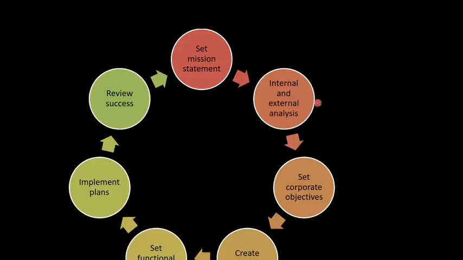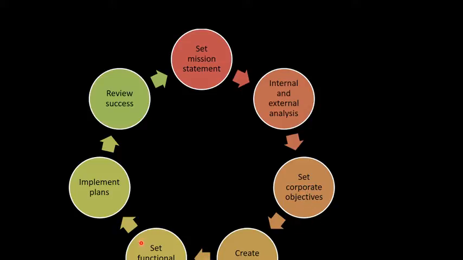And in terms of this wheel which sets out the strategic planning process, we start with setting our mission statement. We're then going to undertake an internal and external analysis, our SWOT and our PESTLE. Once we know where we are, it's possible to think about where we're going to go. So that's when we set our objectives.